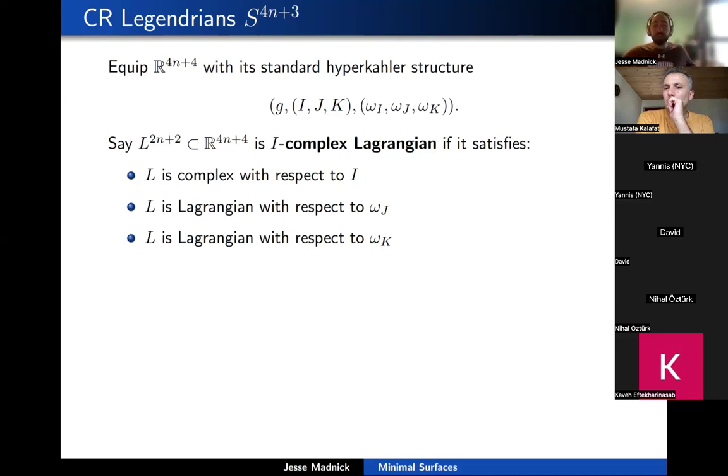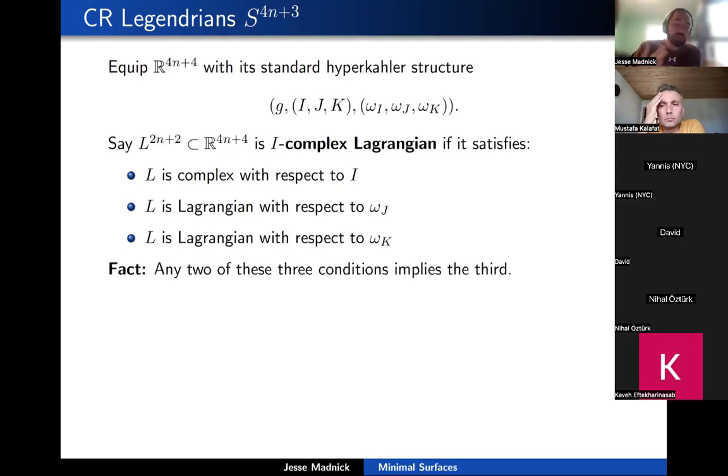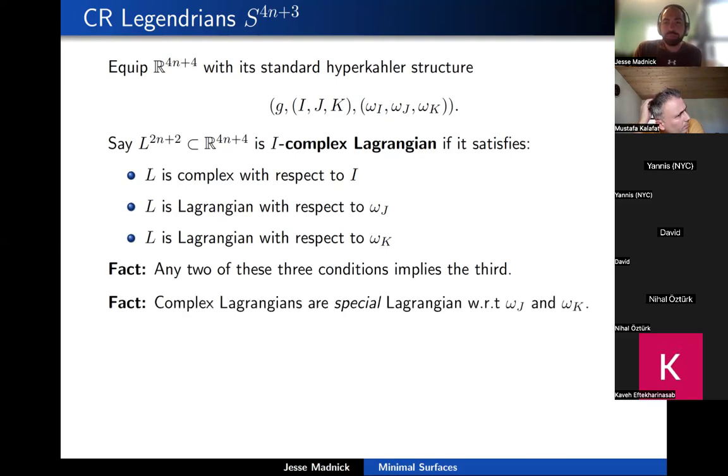But these things do exist, which is quite remarkable, and they're studied more often by algebraic geometers than by differential geometers. Some fun facts are that any two of these imply the third. And moreover, complex Lagrangians are in fact special Lagrangian, excuse me, for omega j and omega k. Here I'm being a bit vague. You have to also specify which complex volume form you mean, and that does matter because the phase is very particular here, but let me not go into that.